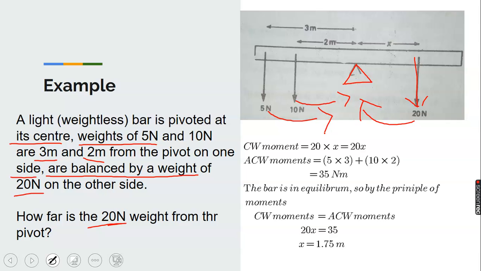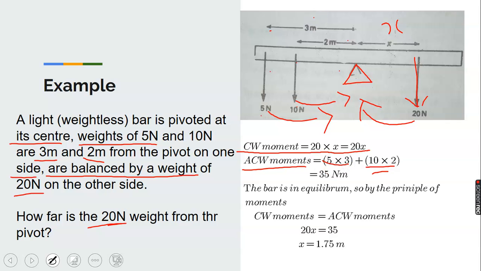Now the 10 Newton is 2 meters, while the 5 Newton is 3 meters. The 20 Newton is what we are looking for, the distance, because it is the one balancing these two forces. Our clockwise moment equals 20 times x, where x is the distance. Our anti-clockwise moment equals 10 times 2 plus 5 times 3.